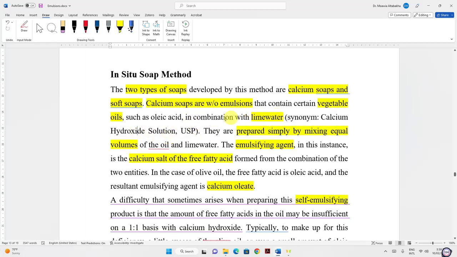Okay, so you mix them, equal volume of calcium hydroxide with the oil. You mix them with equal volume, and the emulsifying agent will form, and this emulsifying agent is the calcium salt of the free fatty acids اللي هو calcium oleate.